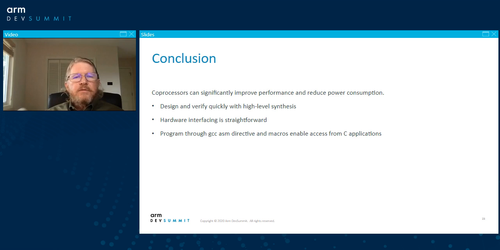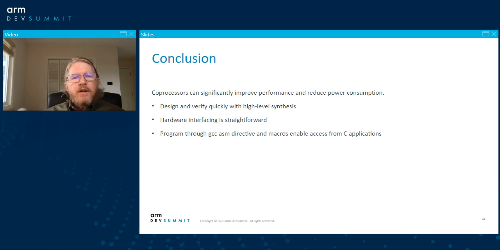That interfacing was really quite straightforward. The signals to address the registers in the coprocessor are really pretty easy to hook up. And we were able to program in C code using the intrinsic functions, so calling the hash algorithm from our C application and getting the result back was very straightforward as well.